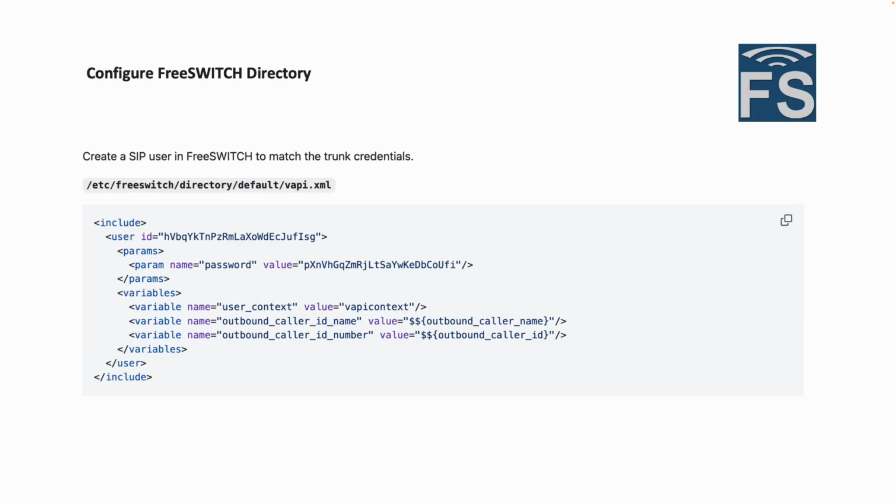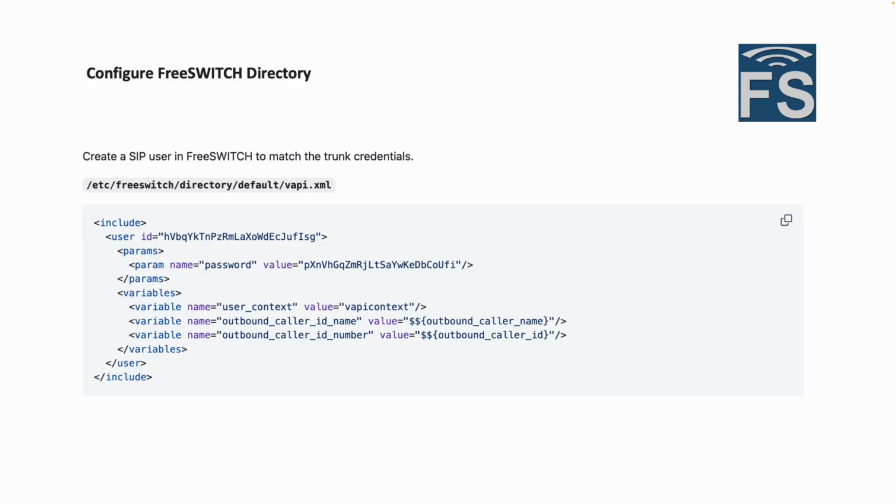Step 3 is to configure the FreeSWITCH directory. In this step, we move over to our FreeSWITCH and set up the directory. This is where we add the VAPI trunk details so FreeSWITCH can authenticate calls from VAPI. It's like giving FreeSWITCH a profile for VAPI so it knows how to handle the traffic.